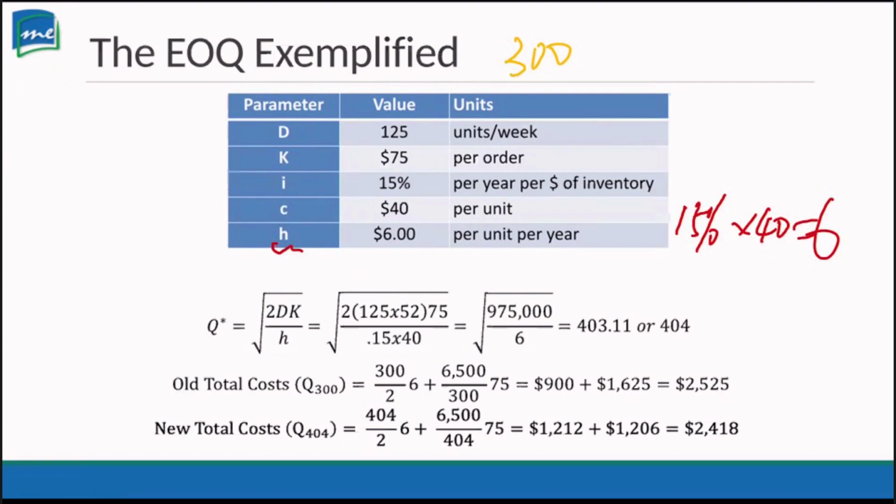So we can compare these two costs. In the past, if you place 300 per order, the total cost will be 2,525. And if you change the 300 into 404, the EOQ, you will have a total cost of 2,418. So you will save money.